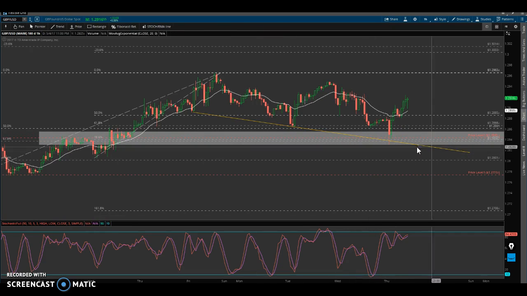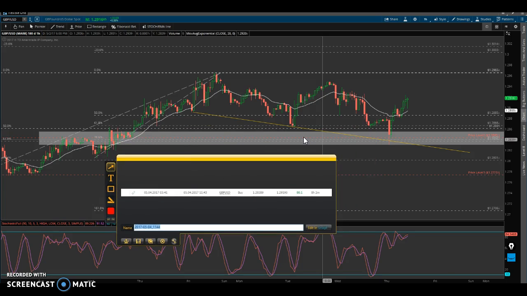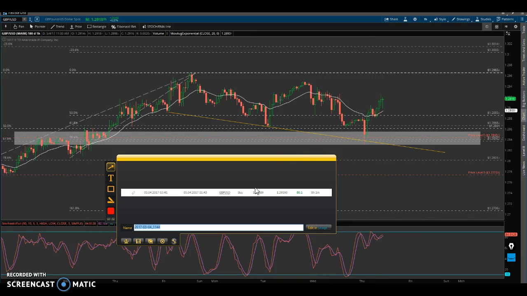So I actually just put a limit order in. You can see my entry. I can't actually remember what I put in for the limit order. I'm pretty sure it was 1.2840 even, just right around these levels, in between these levels. I got filled actually at a better price.